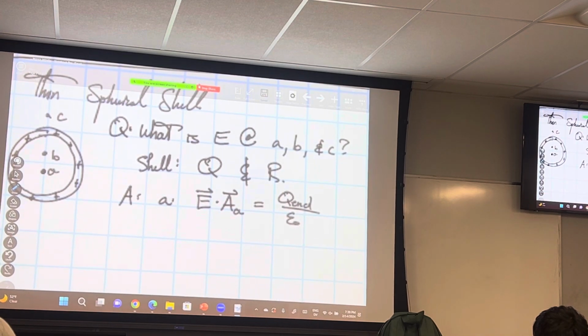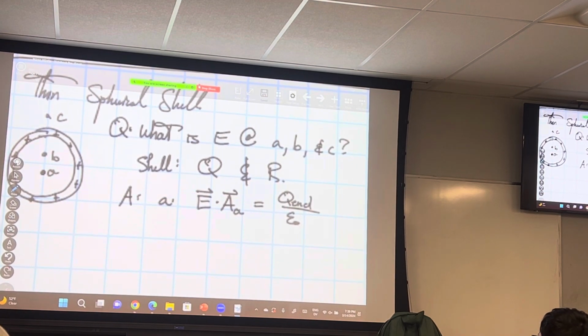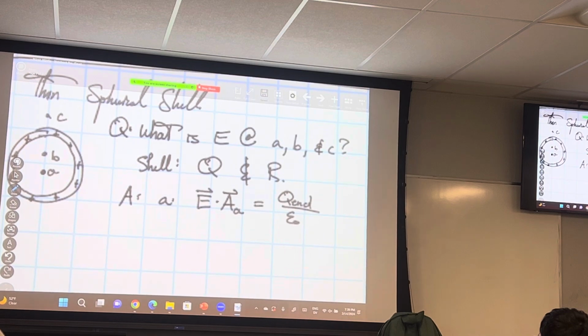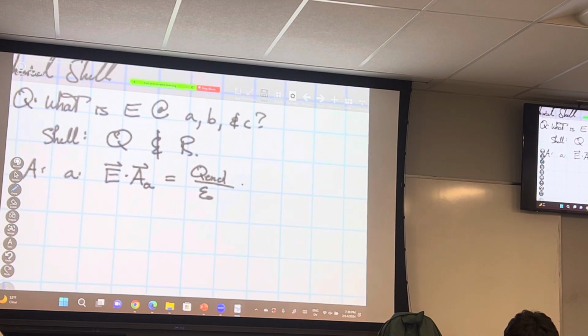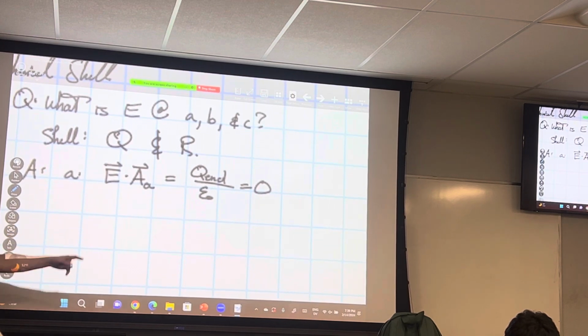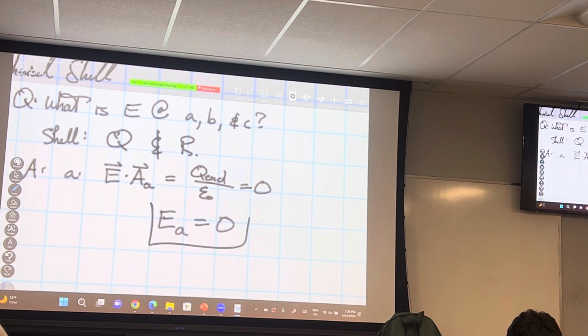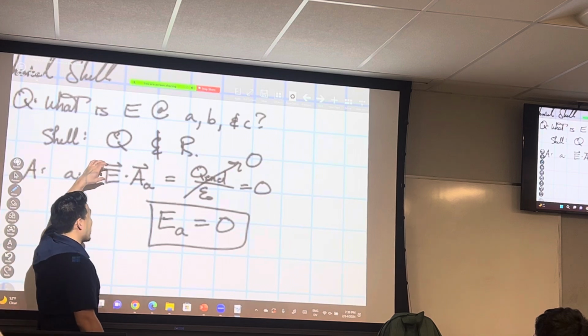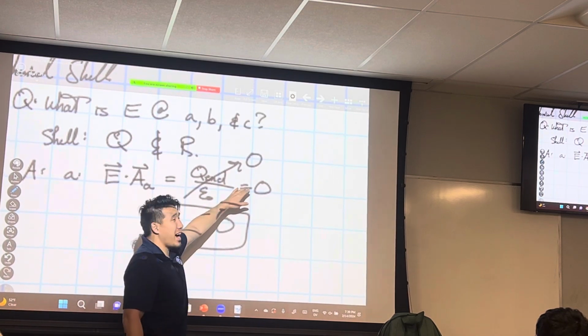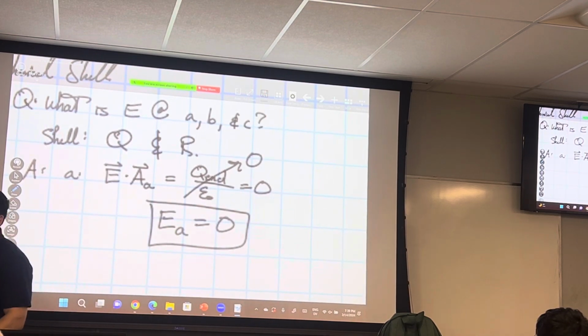How much charge is enclosed in that sphere? 0, meaning our area is not 0, so the only conclusion is that the electric field has to equal 0. There is no charge enclosed, so Q enclosed is equal to 0. Therefore, we can conclude that the electric field at that point is also equal to 0.